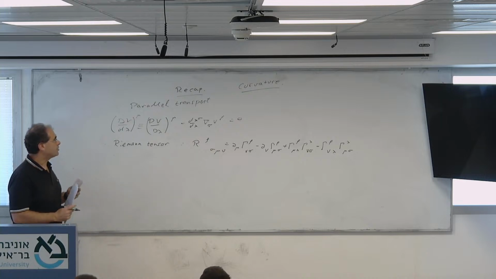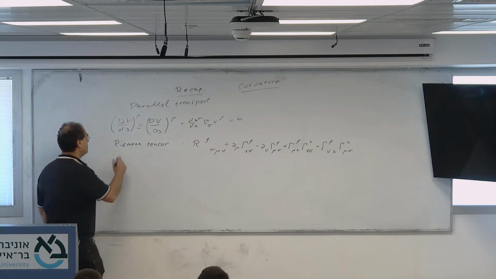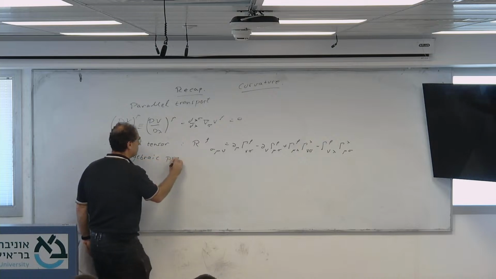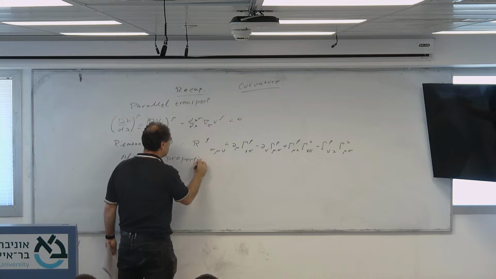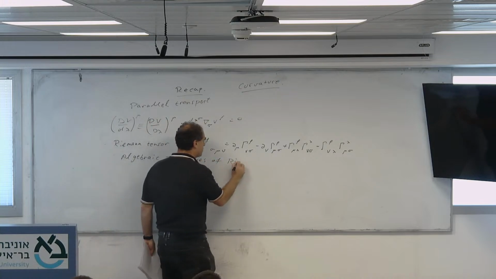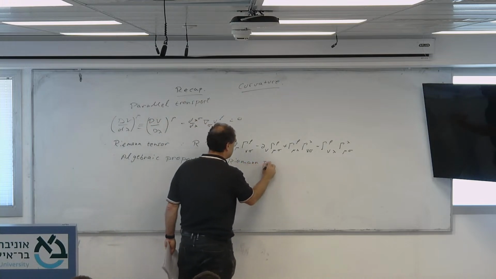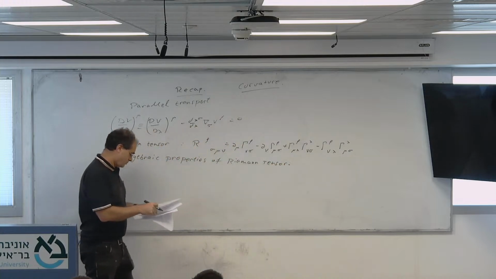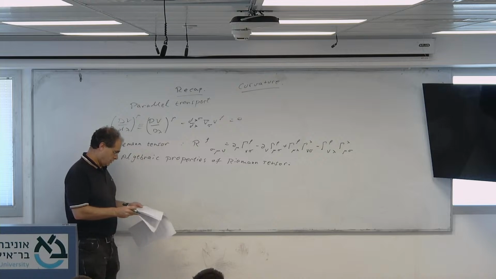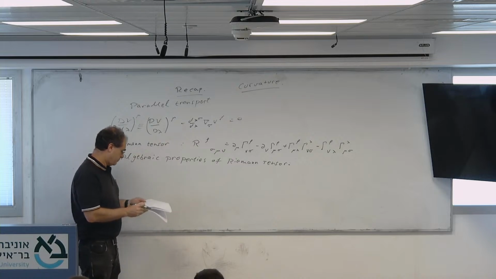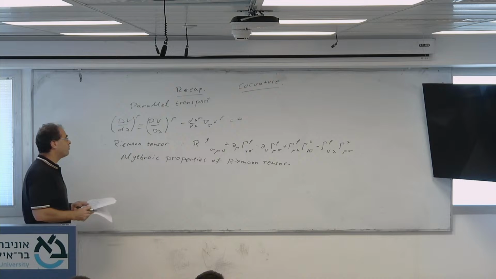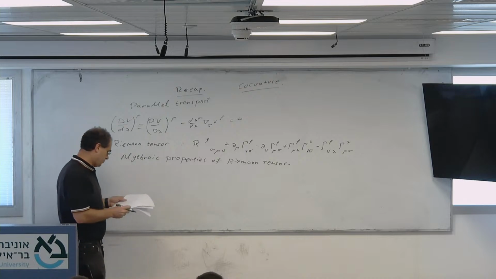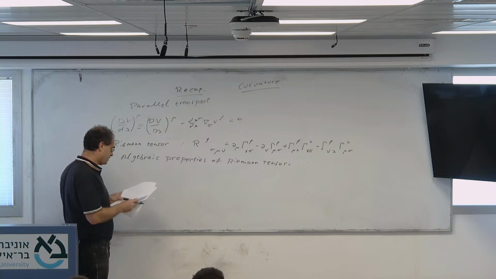And then we spoke about algebraic properties of the Riemann tensor. Basically we specify 4, right? That it's symmetric under interchange of the first pair of indices with the second pair.